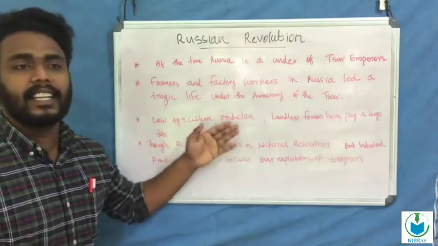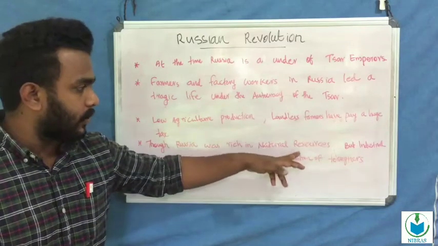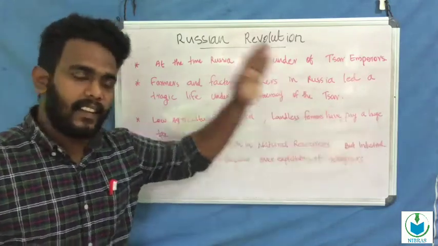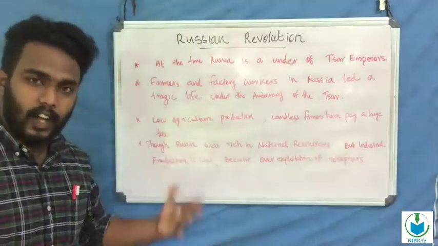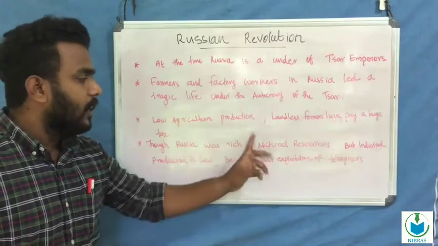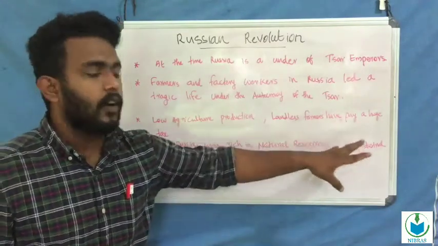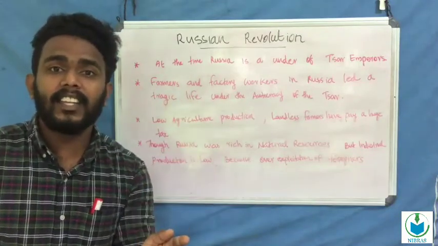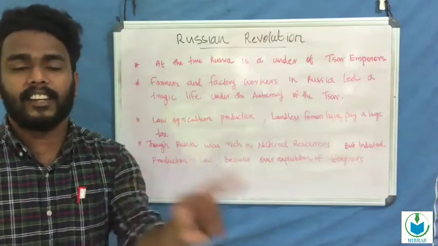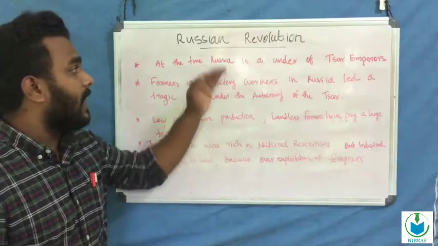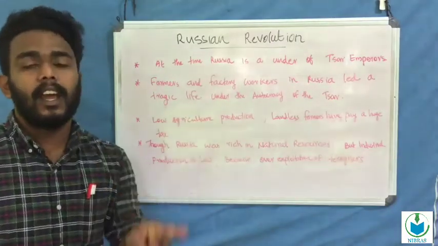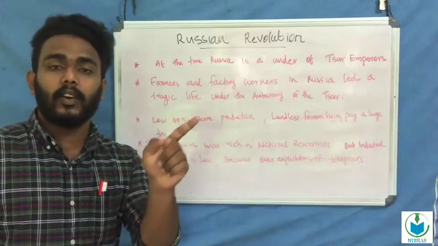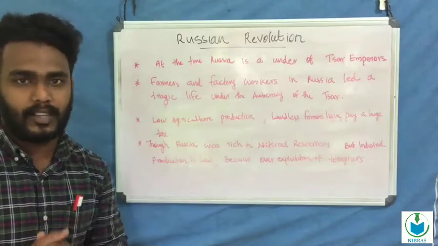Though Russia was rich in natural resources, industrial production was low, because of the over exploitation by foreigners, as the industry was in the hands of foreigners. These are the major reasons for, or the background of, the Russian Revolution.